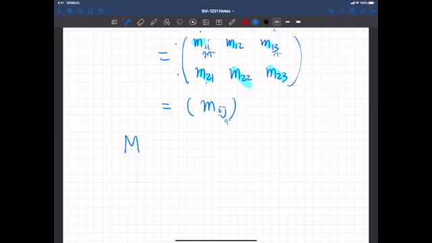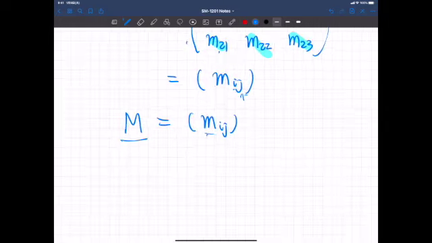So if we write M equal to parentheses lowercase mij, that means elements of this matrix capital M are these lowercase mij's, where i and j are appropriate positions in the rows and columns.